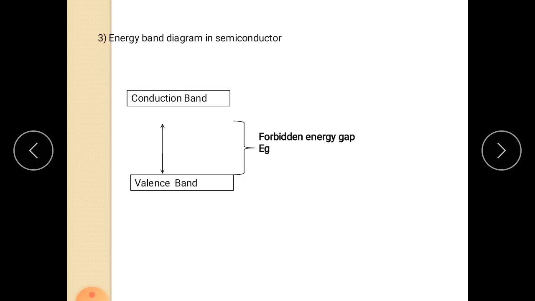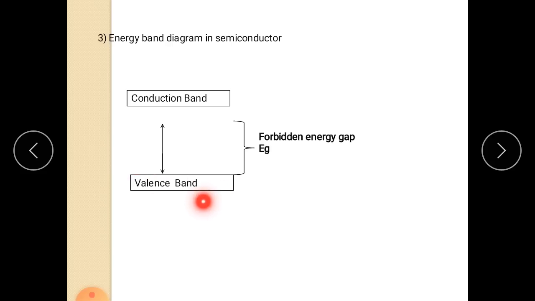Now this is the energy band diagram of a semiconductor.